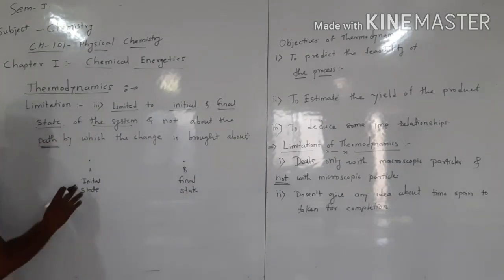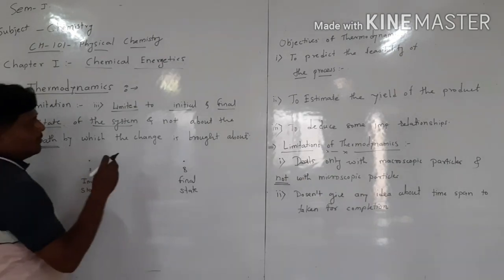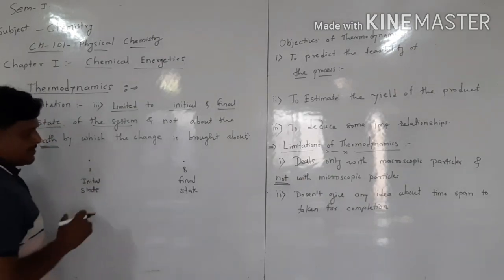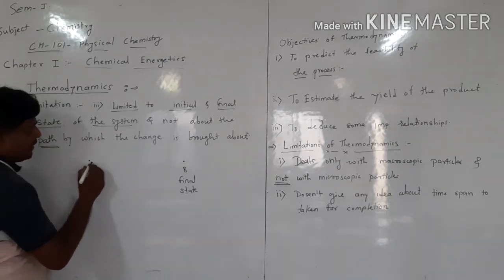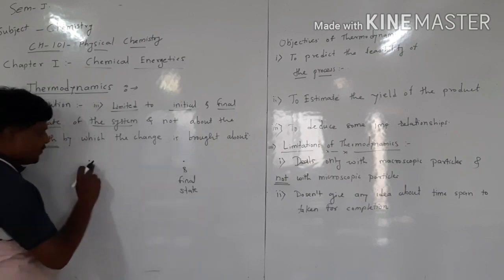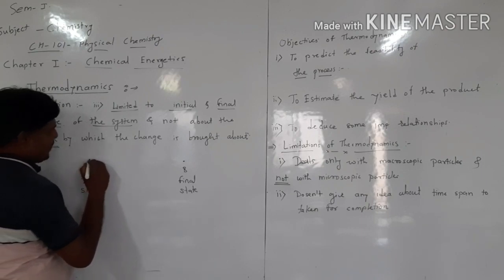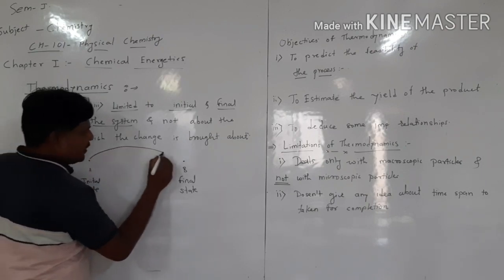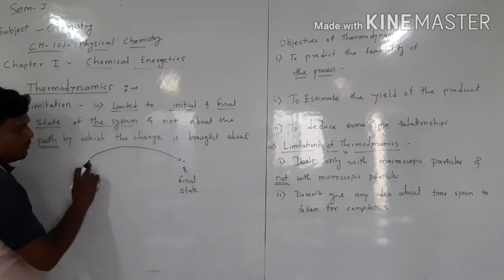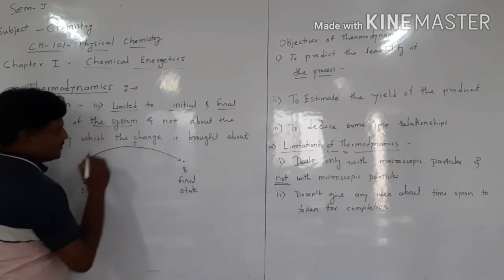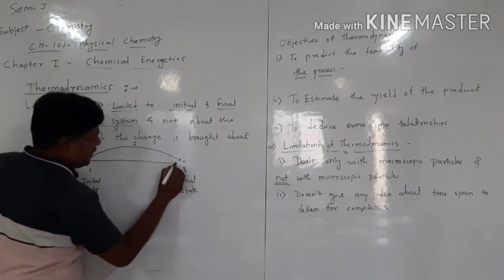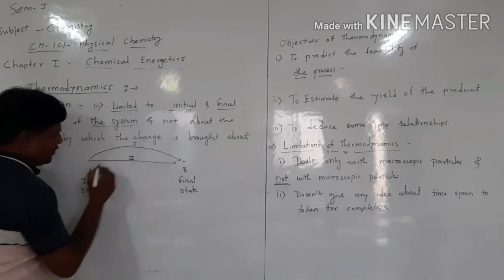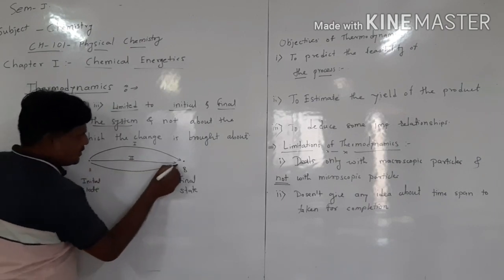Suppose we go this way: this is the first way I reach from A to B. This is the first way, this one is the second way, and this one is the third way.